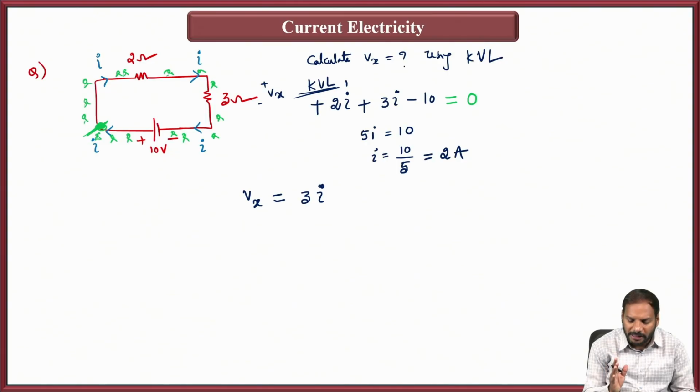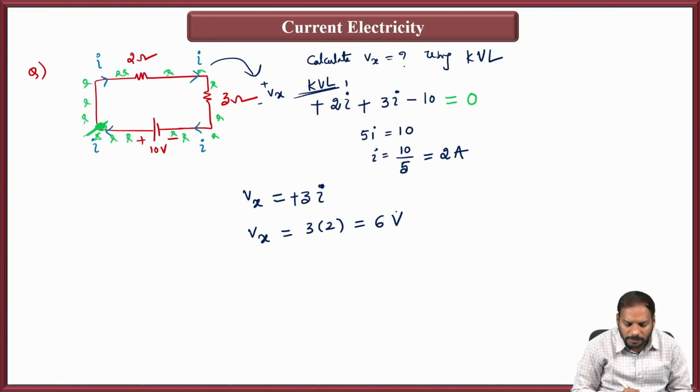There is ambiguity between 3i and minus 3i. Here the current I is entering the positive terminal of Vx. That is why I'm taking Vx equal to plus 3 into I. That means the value of Vx is exactly equal to 3 into 2 amperes, which is equal to 6 volts. So this is one approach to calculate the value of Vx.